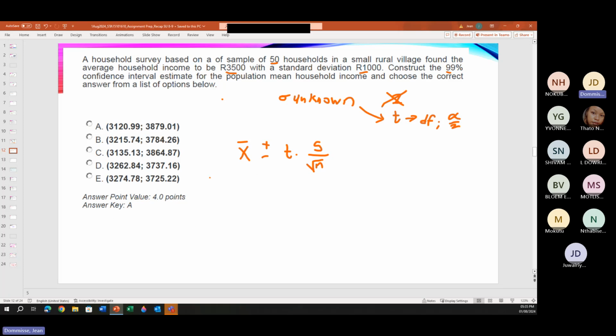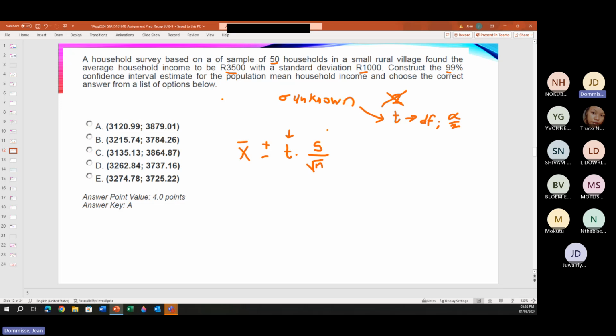Yeah, I think that is important. A lot of times we need to use the t-table, and I think what is very important is how to use the t-table.